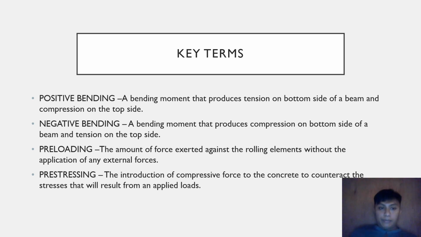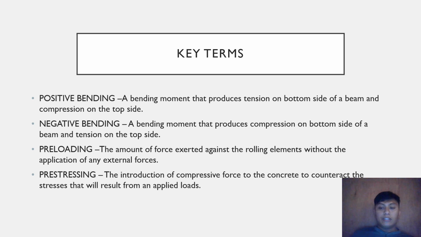The next term is negative bending. It is a bending moment that produces compression on the bottom side of a beam and tension on the top side. So it is the complete opposite of positive bending. We encounter this a few times in reinforced concrete design.